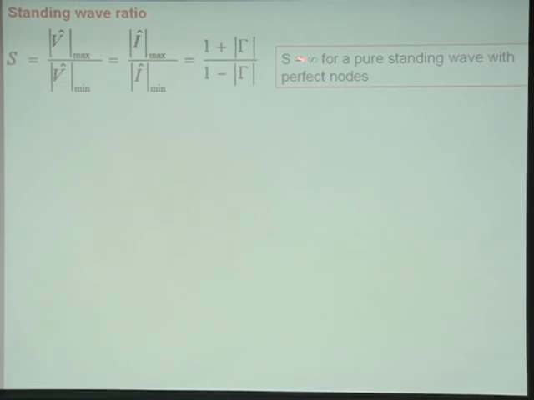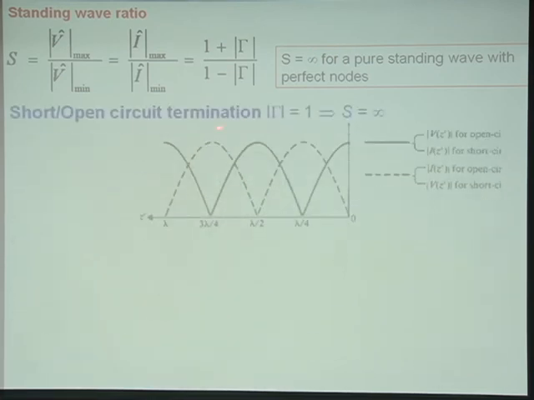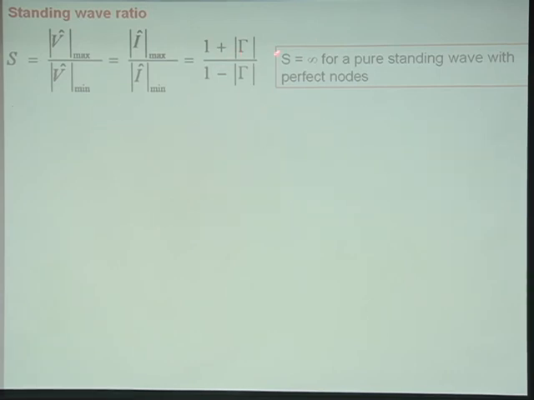So whenever you see this S equal to infinite, it means that you have a perfect standing wave. Okay, you have a perfect standing wave if this standing wave ratio is infinite. Okay, if you have something in between, then the reflection is going to be partial.